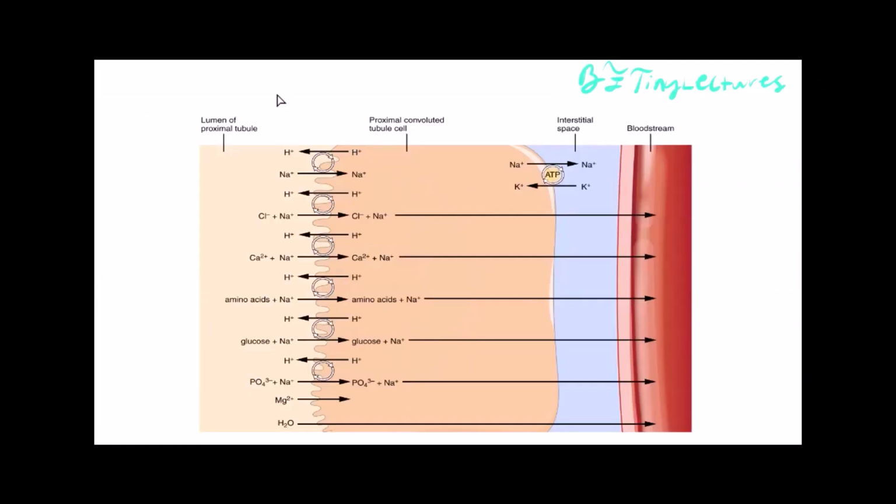Inside the proximal convoluted tubule, we have so many different modifications. First, you have the export of the sodium going into the interstitial space. When this happens, 3 sodium leave and 2 potassium enter the cell per ATP. So 1 ATP is used to do this.